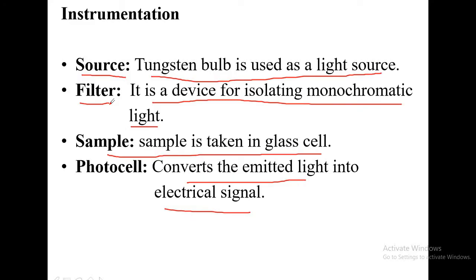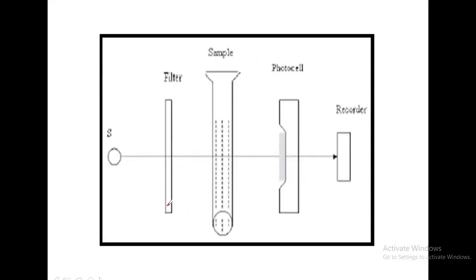If you want to isolate a particular wavelength to get monochromatic light, then we need a filter. The sample is taken in a glass cell. The photocell or detector converts the transmitted light into an electrical signal.